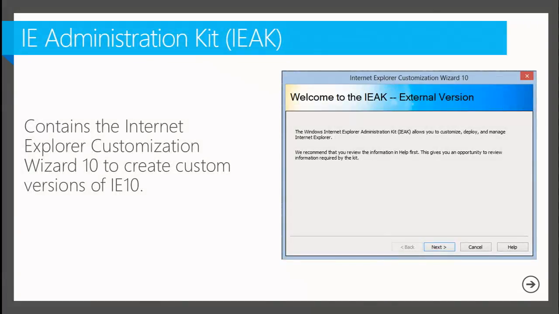All right, so I mentioned the IEAK. When we released Internet Explorer 10 for Windows 7, we did a minor update of the IEAK for IE 10. And we now support Windows 7, both 32-bit and 64-bit. So there's one distribution package you download. There's a drop-down menu I'll show you that has Windows 8, 64-bit, 32-bit, Windows 7, 64-bit, 32-bit.